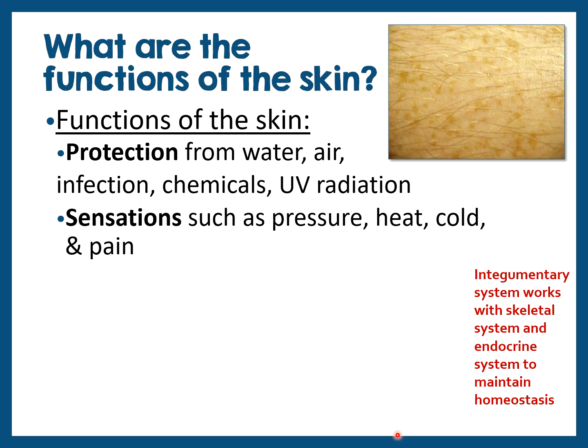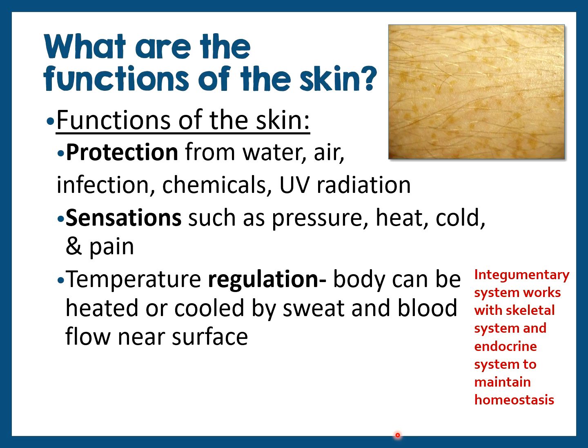We also find structures within the dermis that allow us to detect things like temperature and pressure and pain, or even little tiny insects that are walking on our skin. We're going to be able to help regulate our body temperature and stay at a nice 98.6 degrees because of our sweat glands.